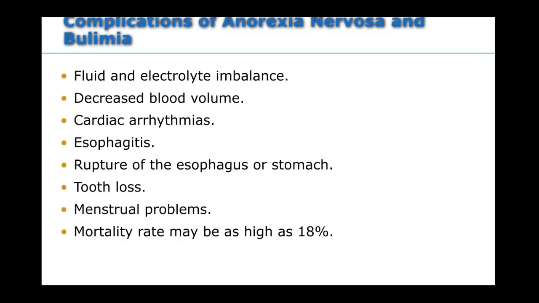A lot of times they have scabs or abrasions on the knuckles from sticking their fingers down their throat. You can have tooth loss because of the enamel. The acid in the stomach as they throw up eats the enamel off the teeth. Menstrual problems, definitely. Sometimes these kids don't even have periods. And mortality rate is pretty high because of the cardiac involvement.